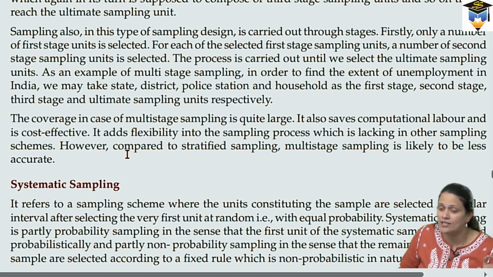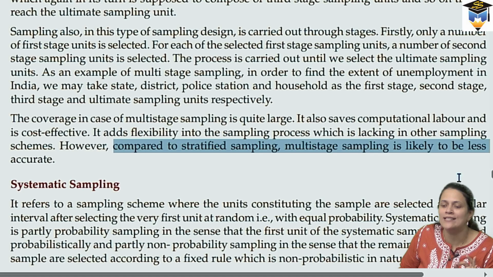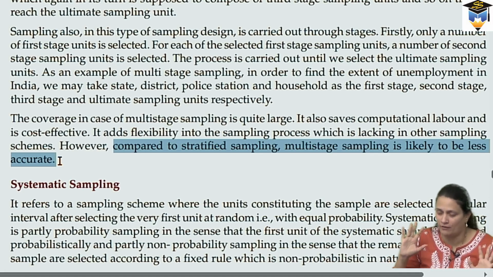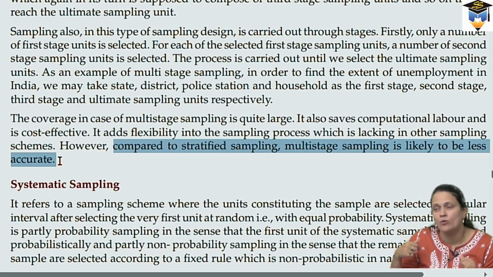Now see, this is a very important statement. Compared to stratified sampling, multi-stage sampling is likely to be less accurate. Why? In stratified sampling, we form strata, and at that level only we are going to do everything. But now in multi-stage, what happens?